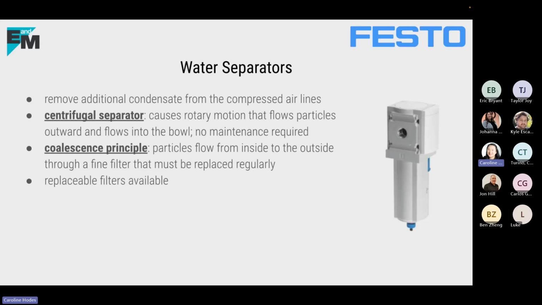And then you have coalescence principle water separators, which works the opposite way, meaning that particles will flow from inside to the outside through a fine filter that must be replaced regularly. And then lastly, replaceable filters are available for those too.